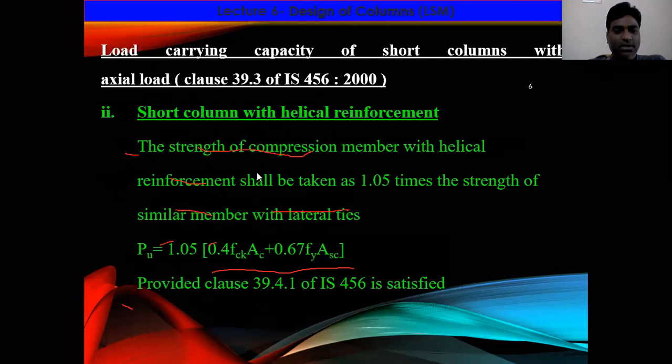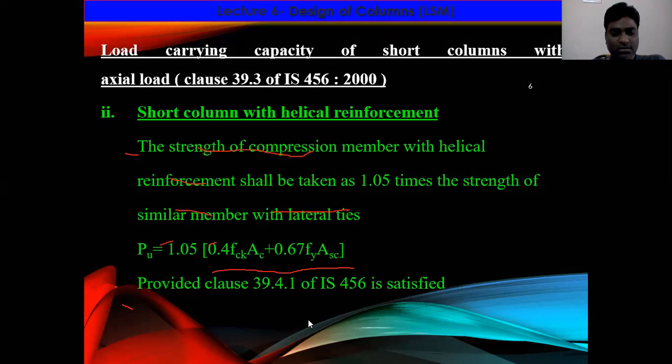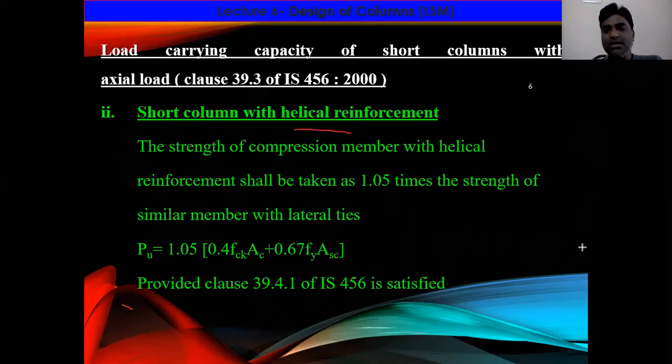Next is the ultimate load of a helical reinforced column, which we discussed in the last class. What is meant by helical reinforcement? The next equation is for a short column with helical reinforcement. Helical reinforcement is provided only in circular columns, and if you see it in elevation, it looks like this.